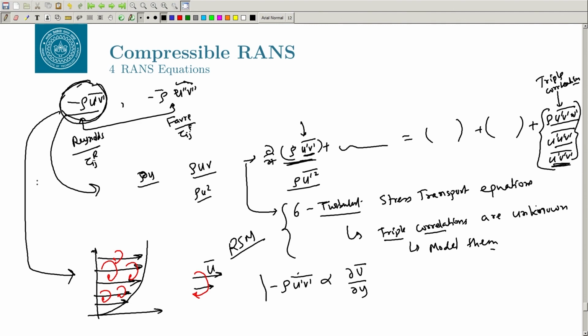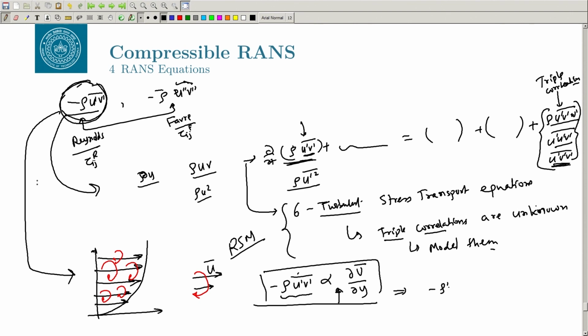If you make that assumption, then life becomes very, very simple. Right now I am talking about only u prime v prime bar, but you can take different flow components in the 3-dimensional flow, and the only thing that you need to determine is the proportionality constant: how is it related to the mean flow gradient? That proportionality constant is usually termed in the literature as the eddy viscosity or the turbulent viscosity.